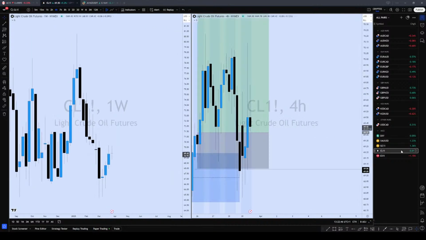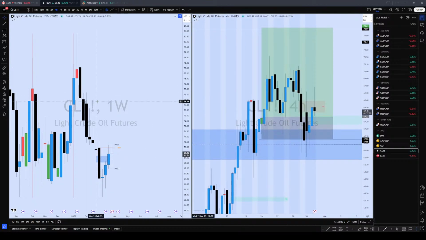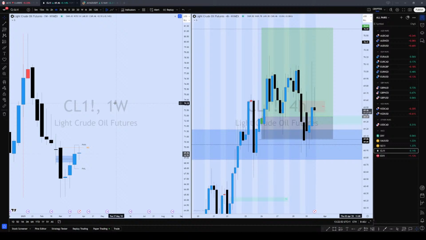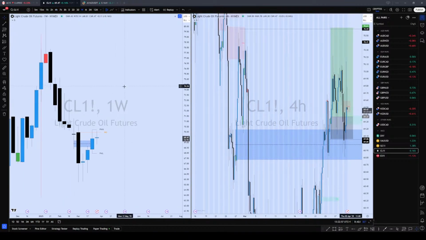Let's look at the oil market, crude oil. So with crude oil, I was looking for this high to be taken, but it seems that they are playing around.